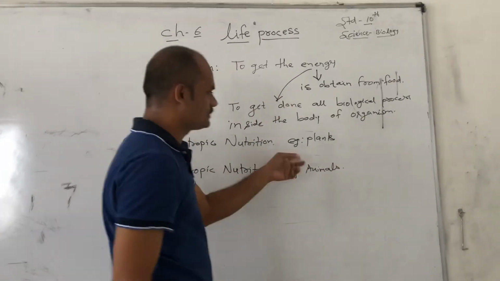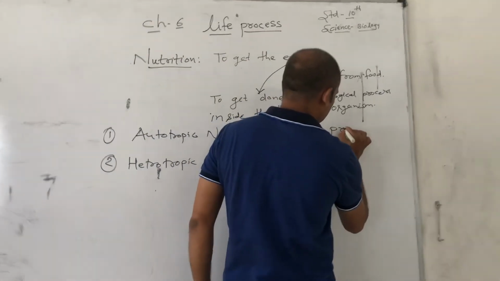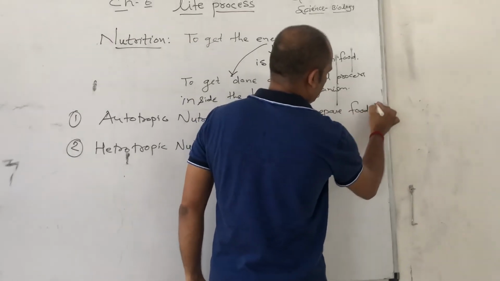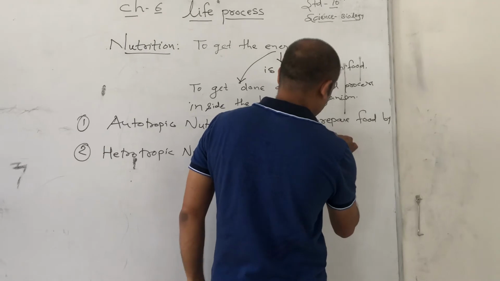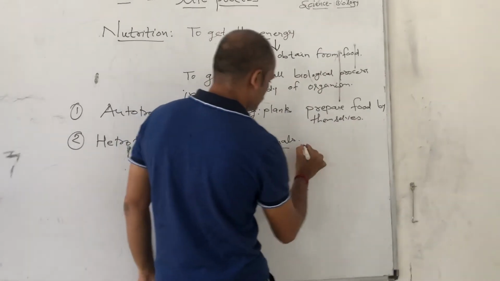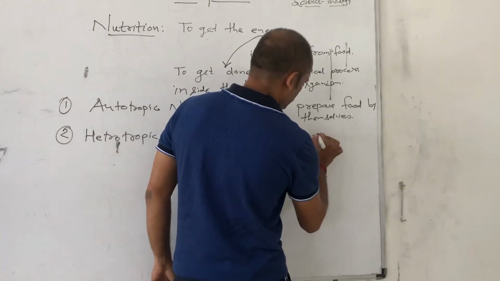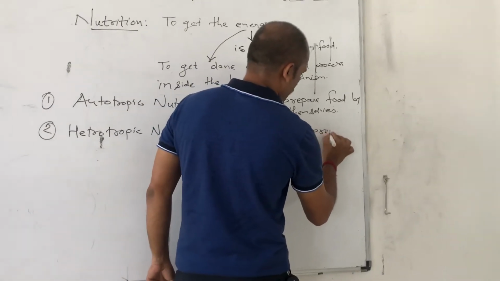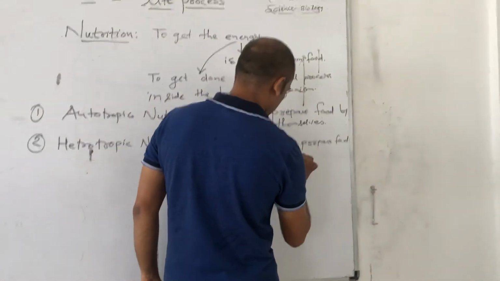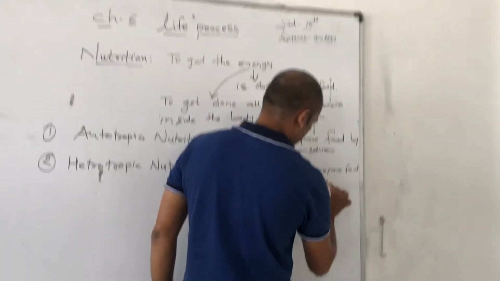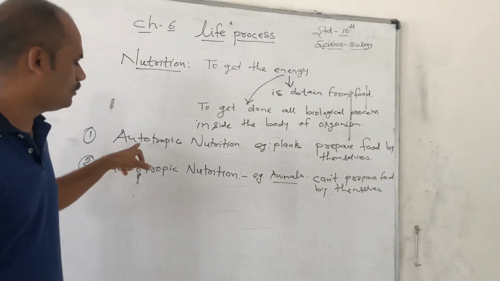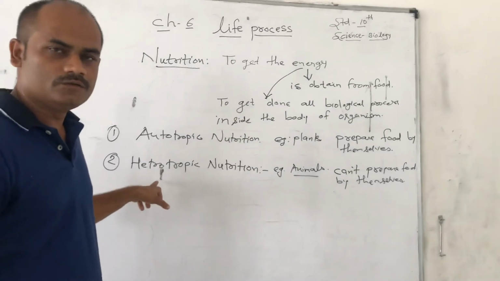So autotroph means prepares food by themselves, and heterotroph means cannot prepare food by themselves, right? So this is the main difference between autotrophic and heterotrophic nutrition.